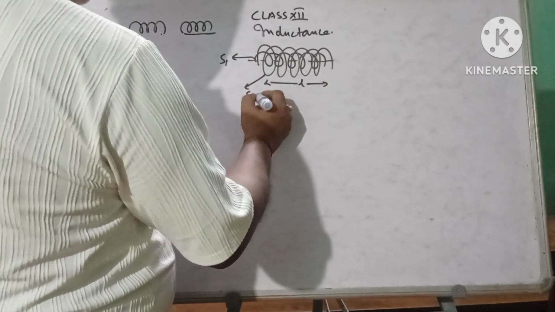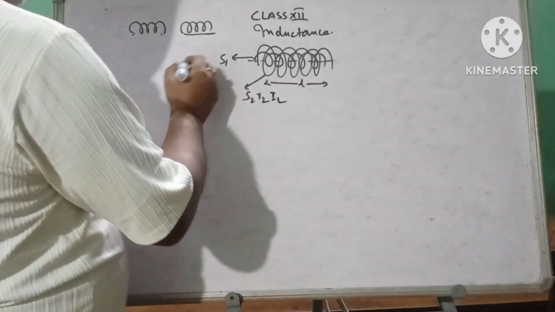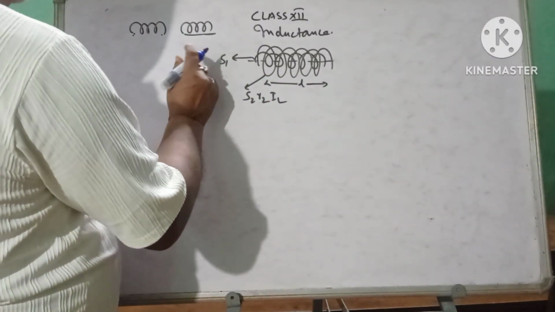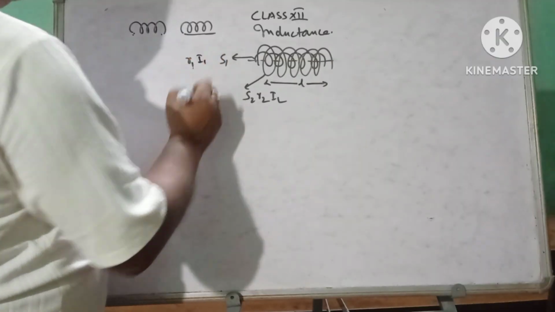The radius of the S2 coil is R2 and the current flowing through it is I2, and here the radius is R1 and the current flowing through it is I1.